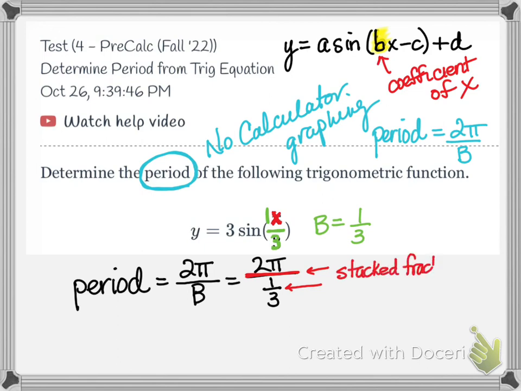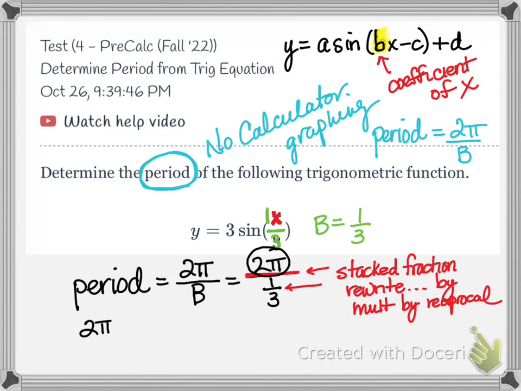And when you have a stacked fraction, you are going to rewrite it by multiplying by a reciprocal so that you do not have the stacked fraction. So what you will do is take the number that's above the first line, whatever that is. In this case, it's 2 pi.